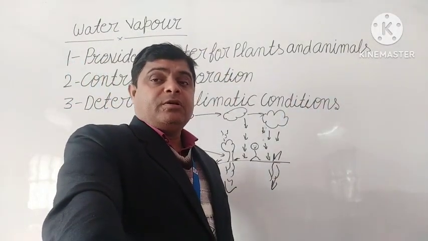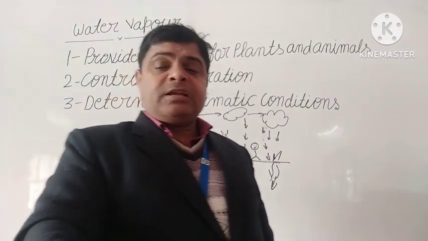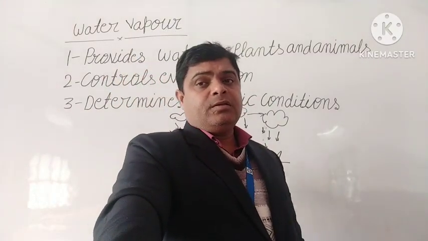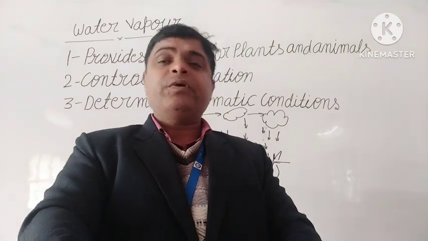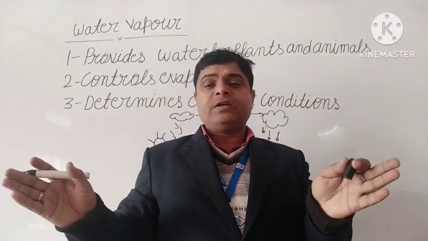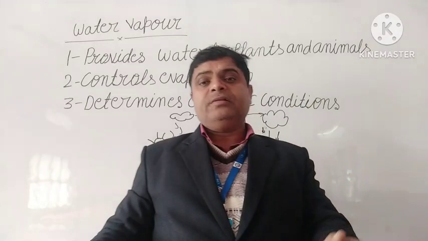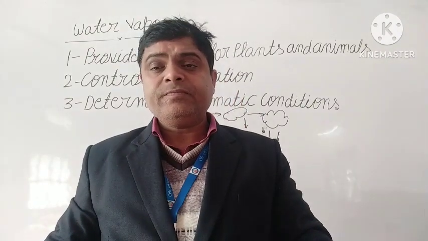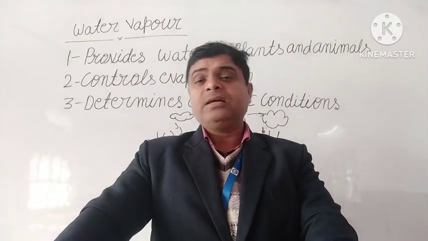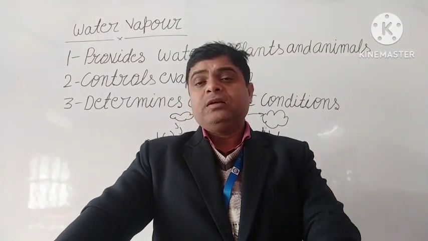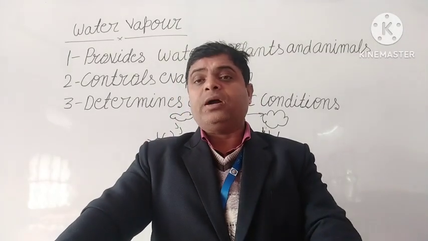Next is determining climatic conditions. Students, you know our country has three climates: summer, winter and rainy season. When there is more water vapor in the atmosphere, this is the rainy season. When there is less water vapor, then it is the summer season. You see, students, in the summer season we don't get water. Why?